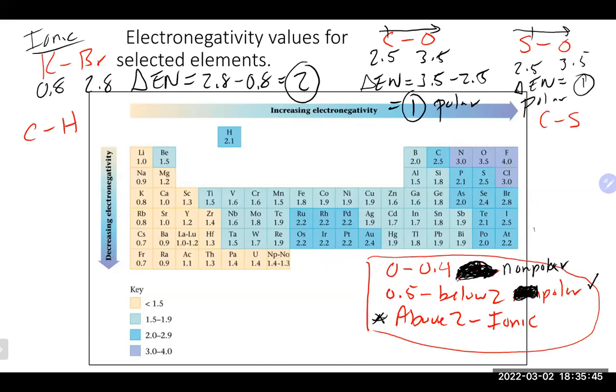Carbon is 2.5. Hydrogen is 2.1. Difference in electronegativity here, 2.5 minus 2.1, gives us 0.4. 0.4 is our cutoff here for nonpolar, and this bond right here is really why the cutoff is 0.4.